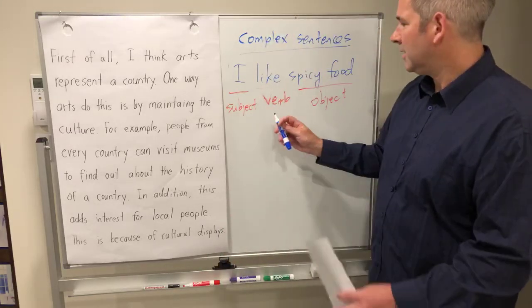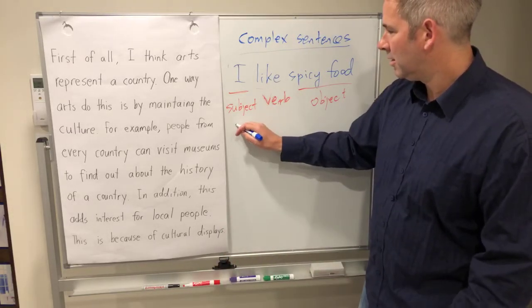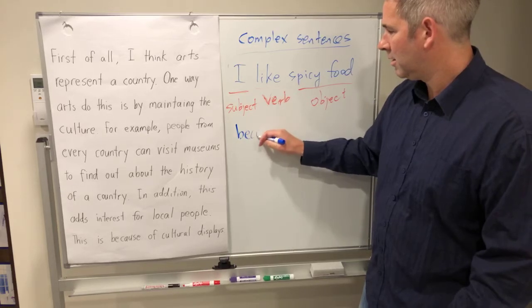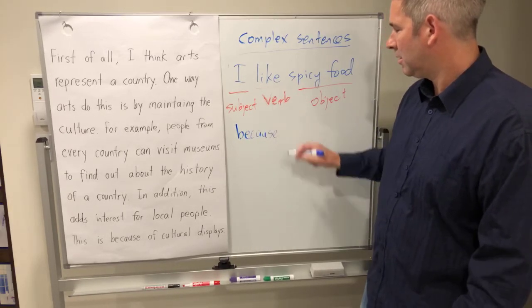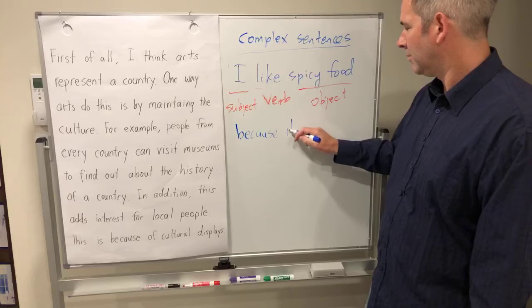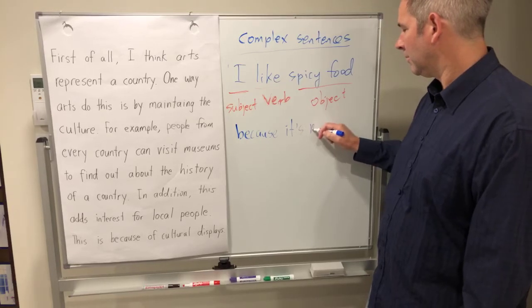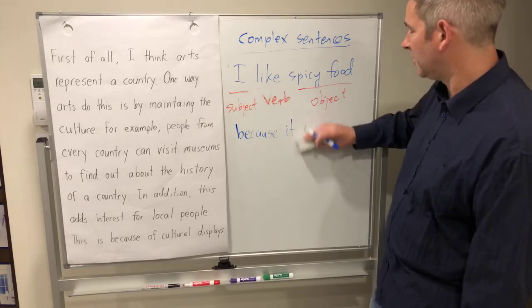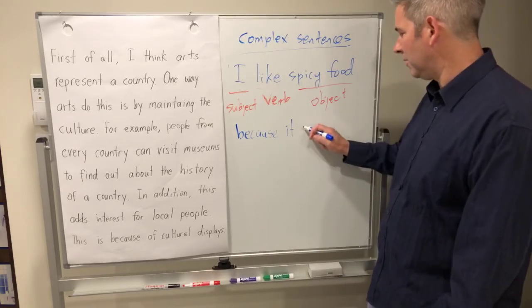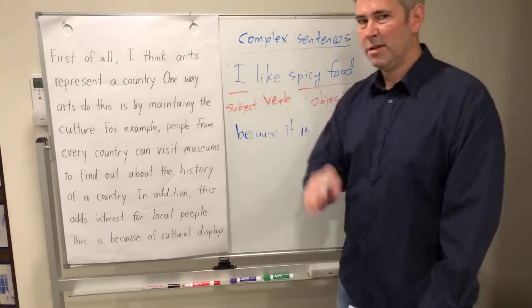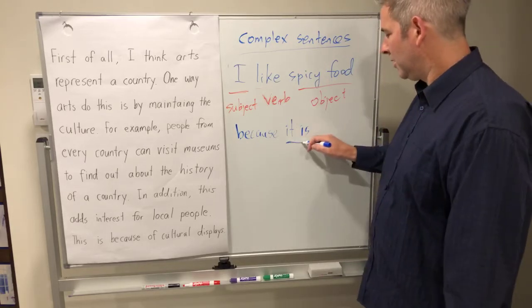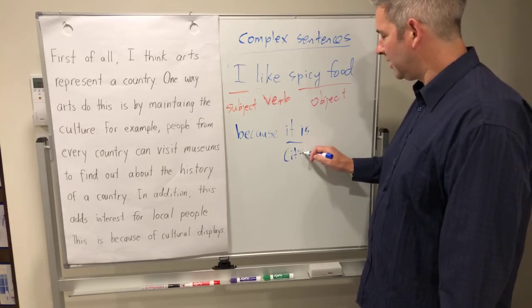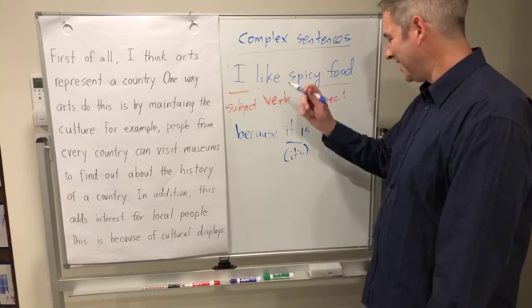With a complex sentence, actually I won't use contractions as a rule for writing. So when you do your writing, avoid contractions. If you don't know what a contraction is, there's a contraction.